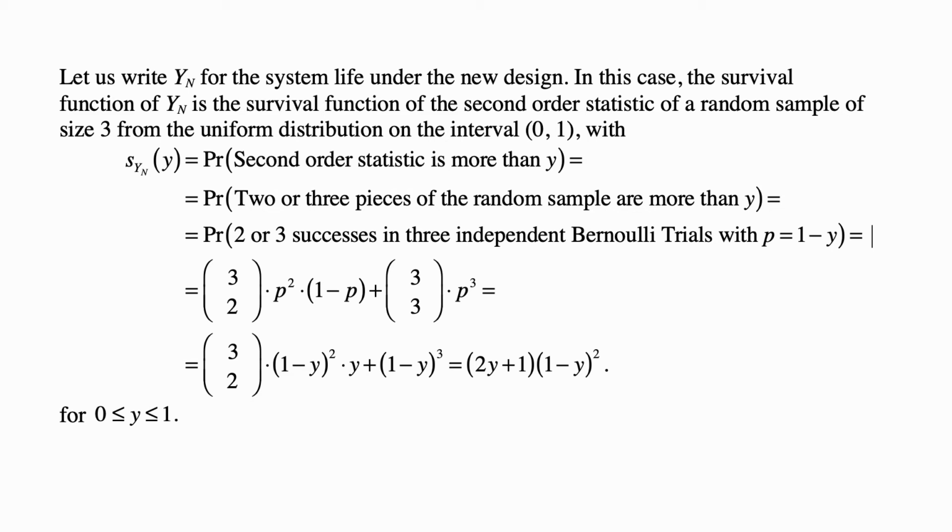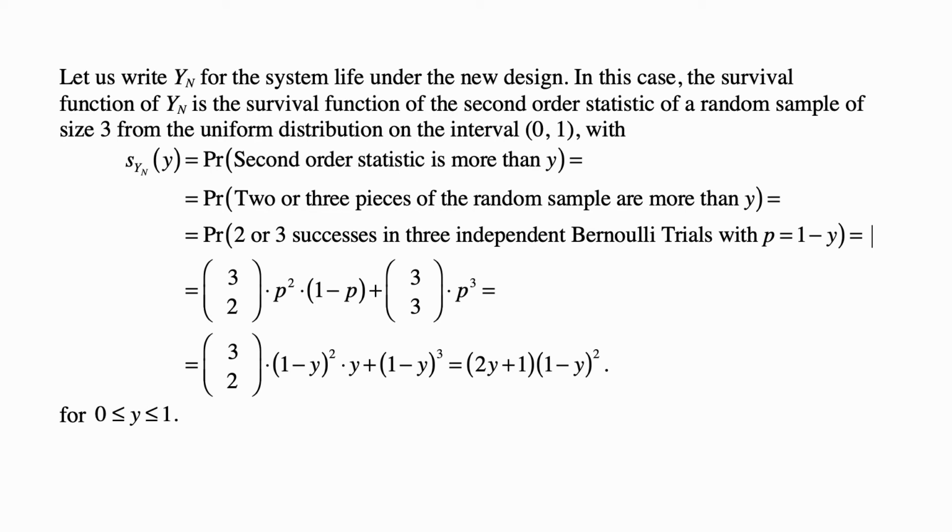and that's equal to the probability that 2 or more successes happen in 3 independent Bernoulli trials, with probability of success in each Bernoulli trial being 1 minus y, because each of the 3 pieces of the random sample is like a Bernoulli trial where you either are more than y or you're not. So if being more than y is a success, the probability of success is 1 minus y.